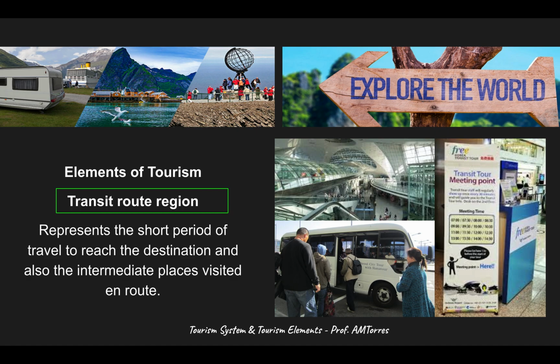Filling his time would mean going around the duty free, or probably relaxing, availing of a massage. Or if they have a long stopover, or we can say a layover, then it's a good opportunity to market that destination, like what Incheon Airport is doing. They offer a free tour, a minimum, I think, of 4 hours, and they give it free because they consider it a marketing material.